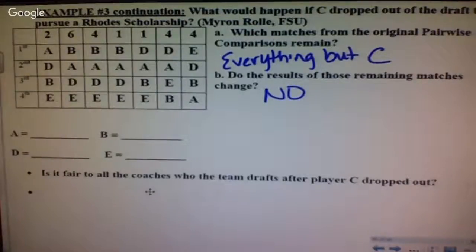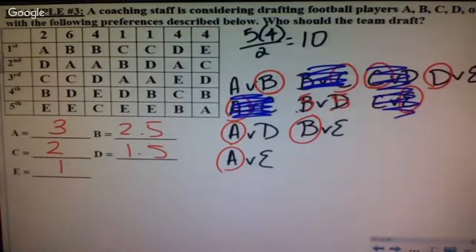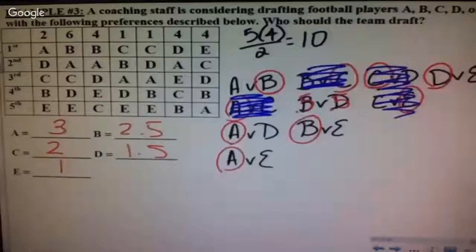So, in other words, all we really have to do is go back here and get rid of everything that had C in it. So we get rid of this one, and both of these. Comparisons that had those. And then recount.